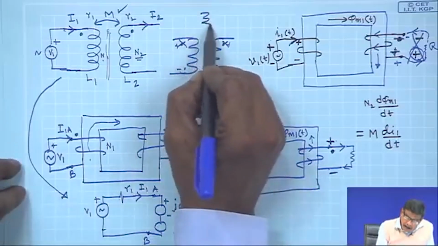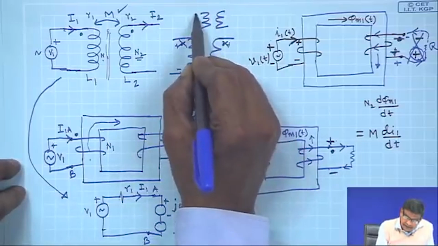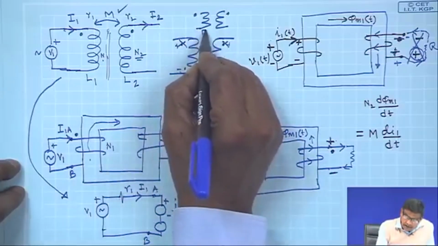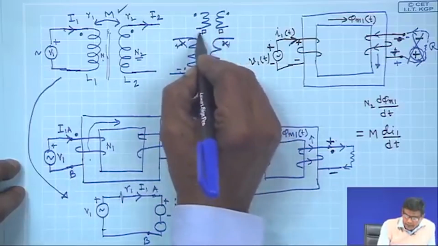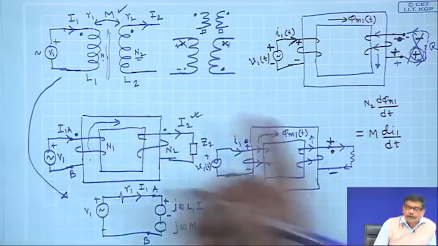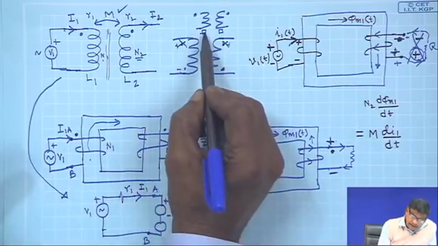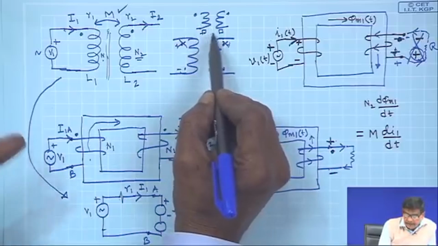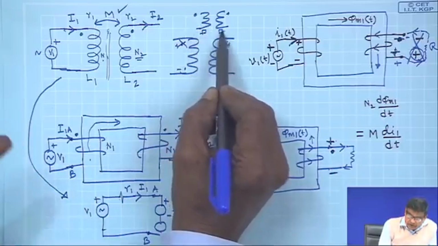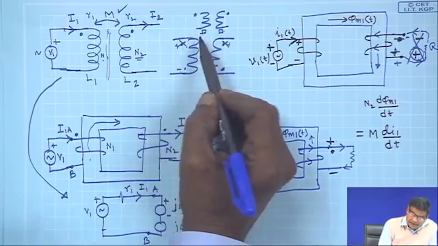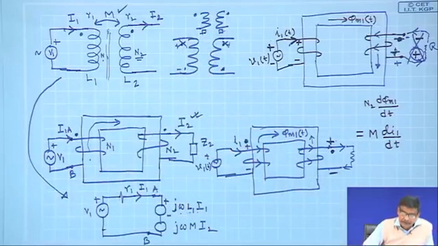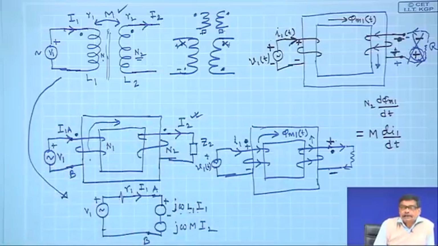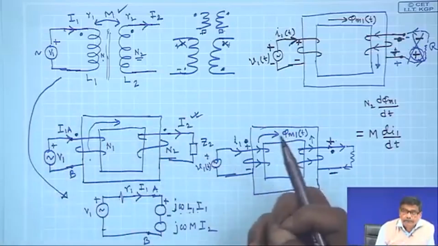Or I will do it slightly like this, this is dot, this is dot. The other terminals too are like terminals and I put some other symbols, say square square. At any instant, if this is plus, this is plus. If at any instant this is minus, this is minus. So, these two are equally good candidates to put some marks to indicate that these are the like terminals.